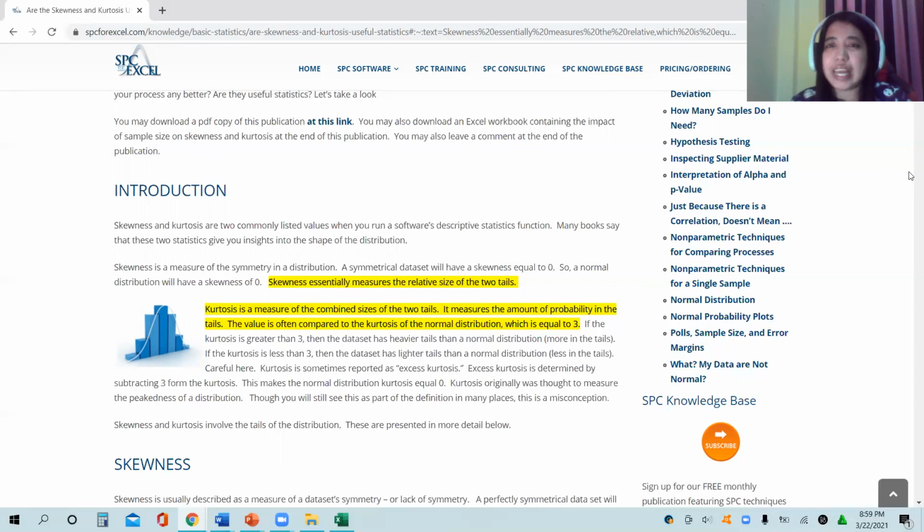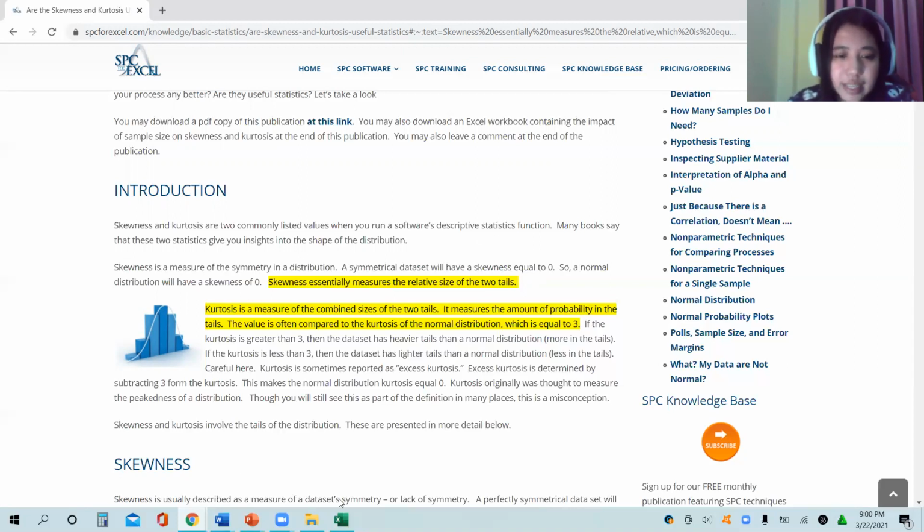As mentioned in the slide, skewness refers to symmetry or asymmetry, but aside from that, it also talks about the thickness of a distribution, just like the kurtosis. So our reference is the 3. As mentioned in our article here, the value is often compared to the kurtosis of the normal, which is equal to 3.